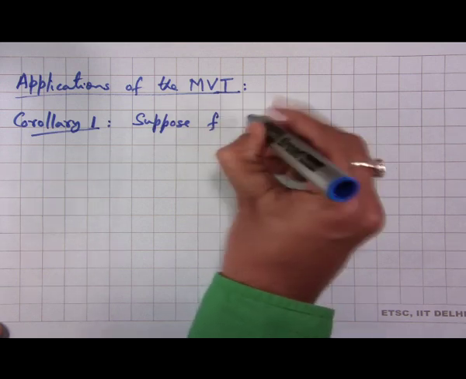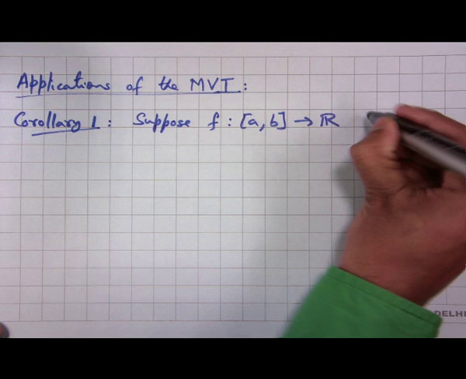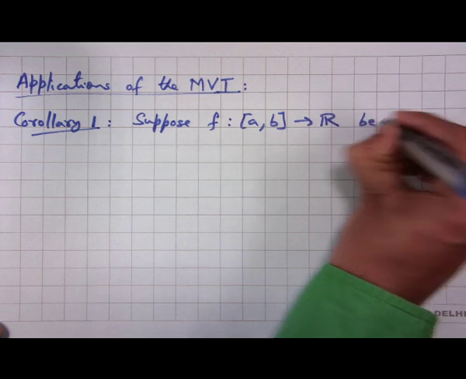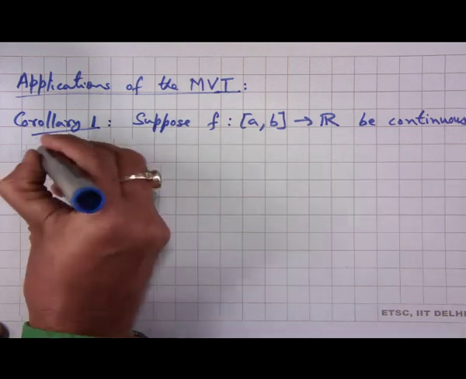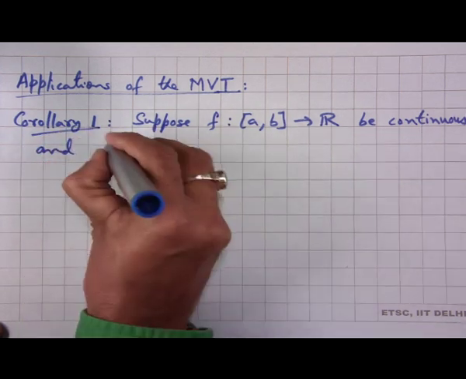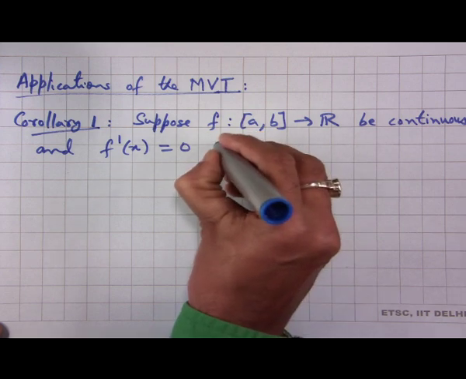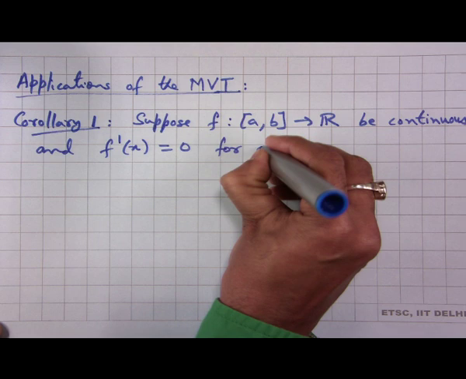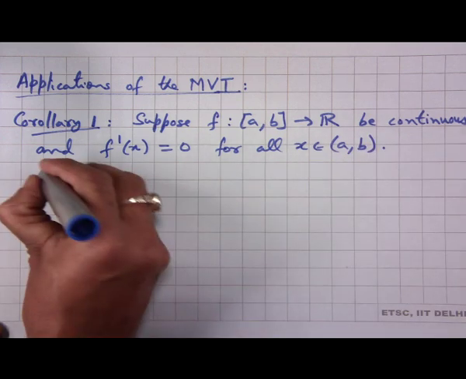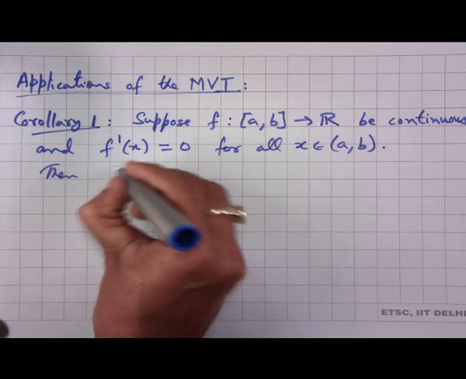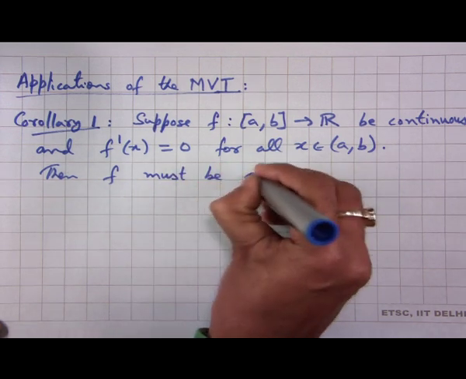Suppose f from [a, b] to R is continuous and suppose we assume that the derivative f prime x is equal to 0 for all x in the open interval (a, b), then f must be a constant.